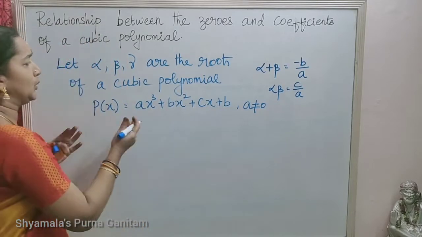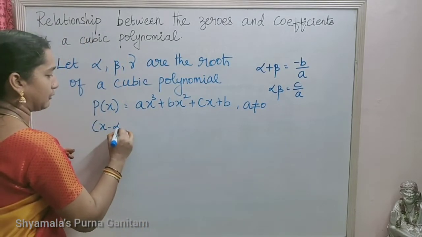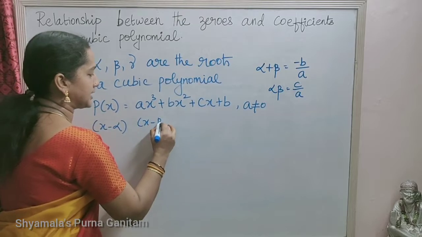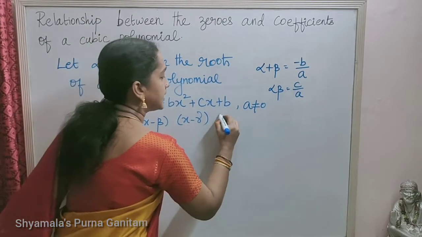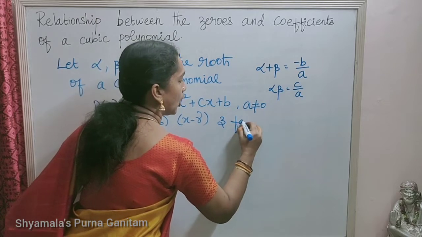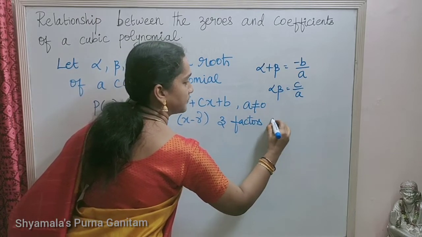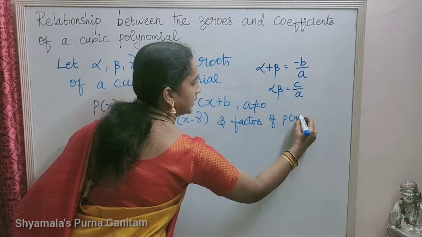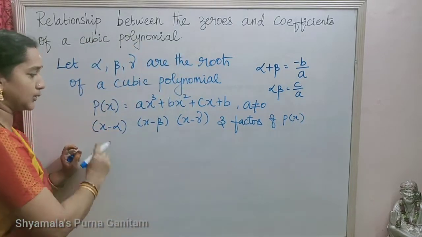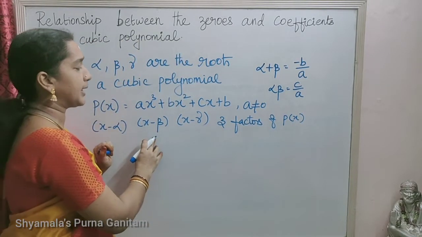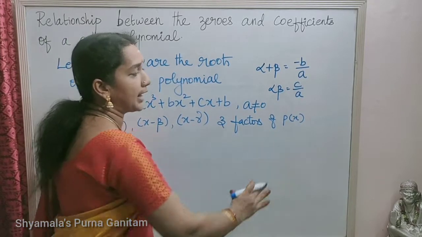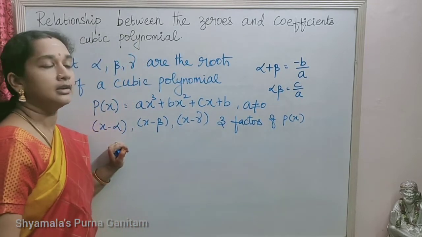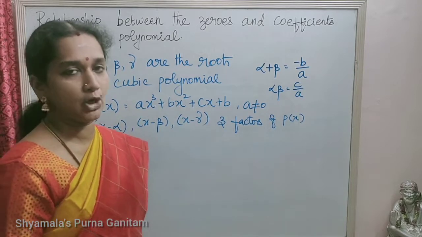So x minus alpha, x minus beta and x minus gamma are the three factors of the given polynomial p of x.